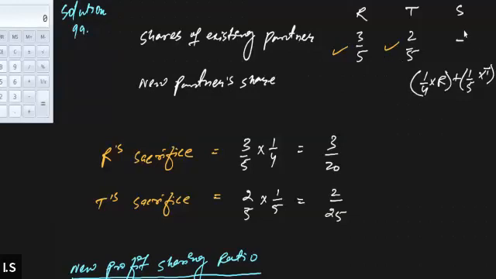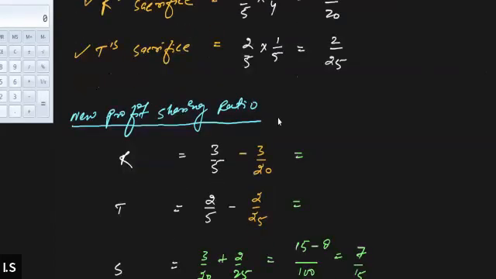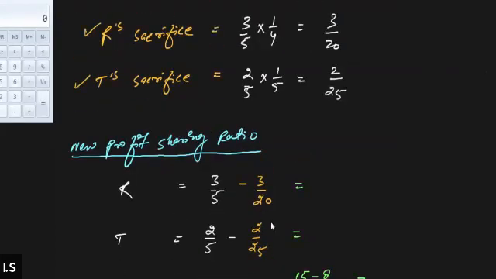Then the question is saying that Mr. S is entering the partnership and he will be acquiring 1/4 share from R. Same answers I got, 3 by 20, and this is the sacrificing ratio of R. So R has to sacrifice 3 by 20 and T will have to sacrifice 2 by 25. So in order to find out the new profit sharing ratio of the partners, we will subtract 3 by 20 from R's 3 by 5, and 2 by 25 from T's share.